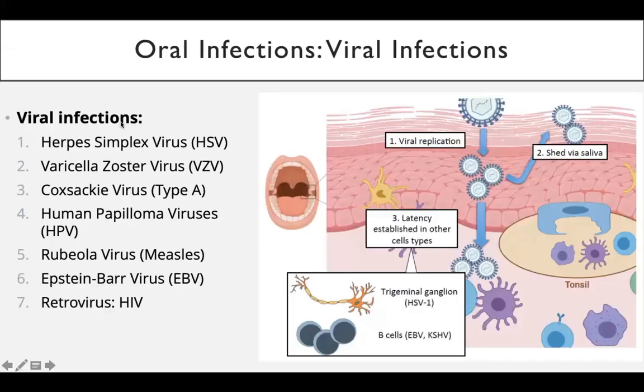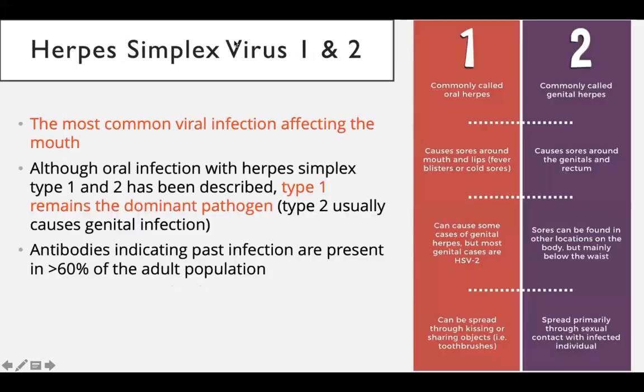Okay, yesterday we started viral infections. We have some viral infections: HSV, VZV, type A Coxsackie, HPV, measles, EBV, and HIV. Yesterday we studied herpes simplex virus type 1 and type 2. Type 1 was our favorite because it is more concerned with our oral herpes, commonly called oral herpes.